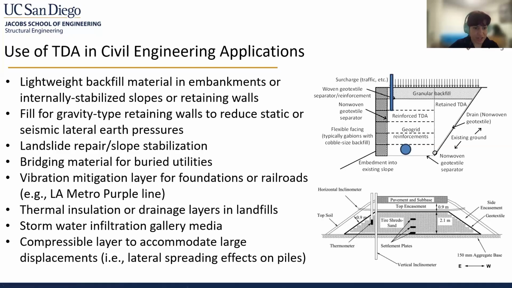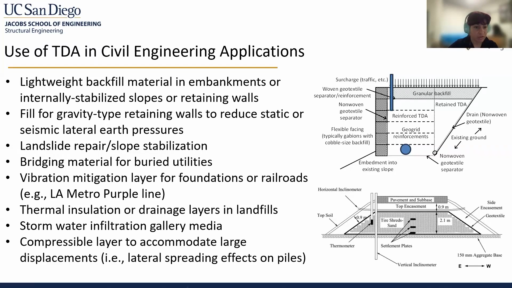A list of TDA uses relating to civil engineering applications. TDA has a varying amount of uses, which is why it is such a favorable material. It can be used as a lightweight backfill material in embankments or internally stabilized slopes or retaining walls, as a fill for gravity type retaining walls to reduce static or seismic lateral earth pressure.